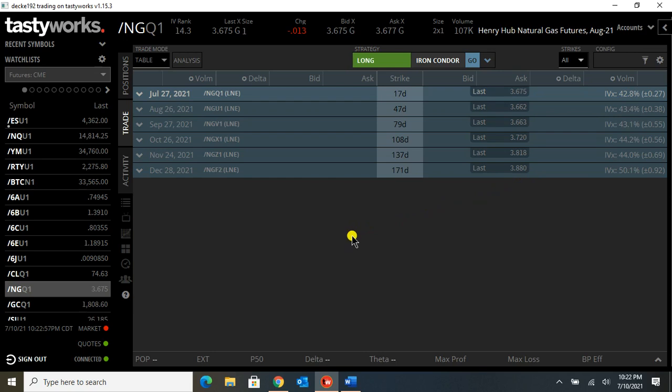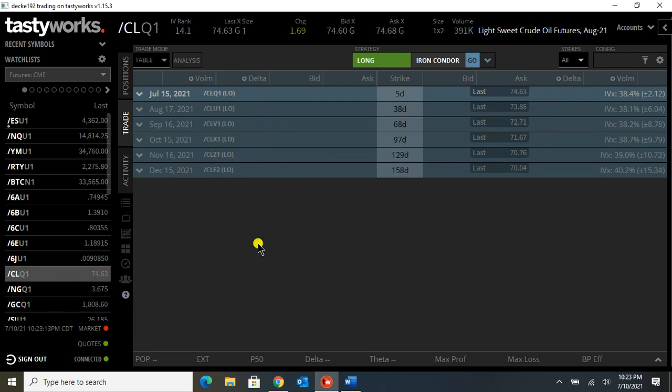So there are actually some traders who will trade this forward curve, and they'll do that by buying and selling these different expiration contracts. So crude oil typically is in contango. Right now it's in backwardation.